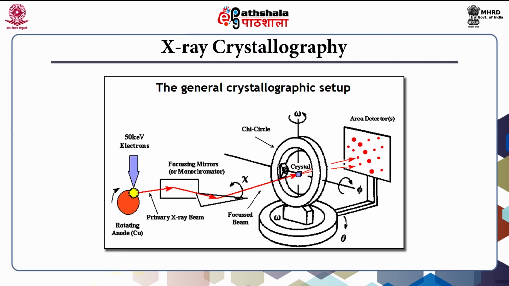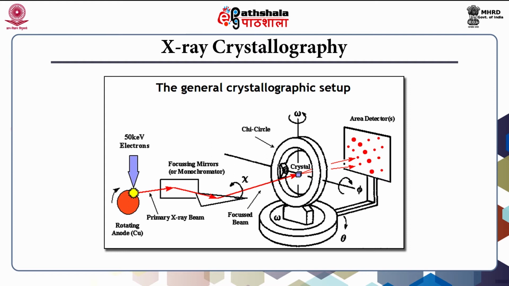This bombardment of electrons on the anode causes the release of a primary X-ray beam, and this primary X-ray beam is focused towards the crystal by focusing mirrors or monochromator components. By this monochromator or focusing mirrors, the X-rays are diverted towards the protein crystal.